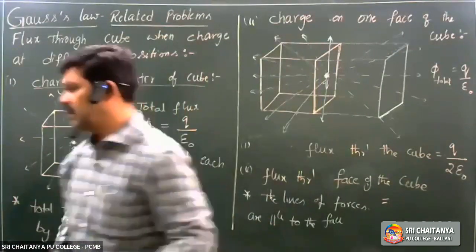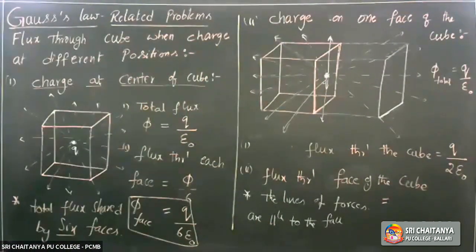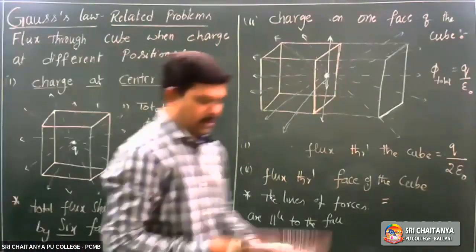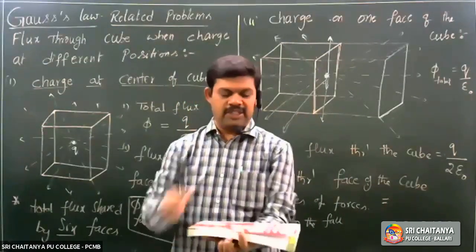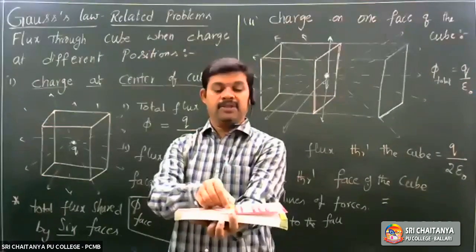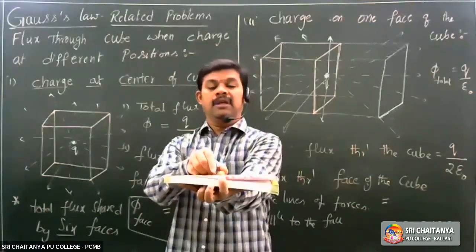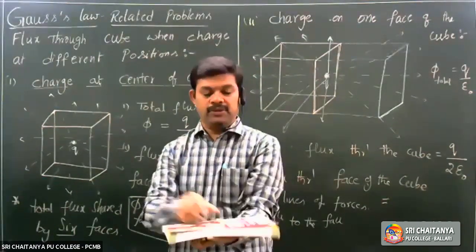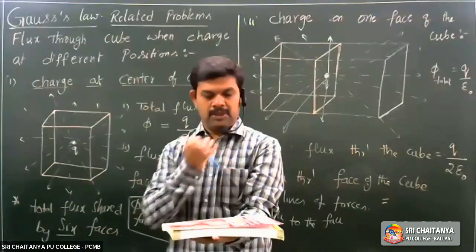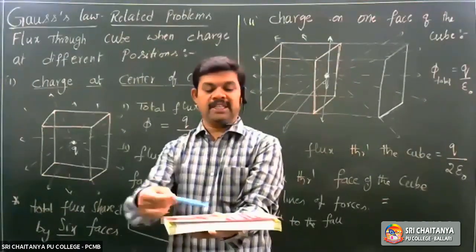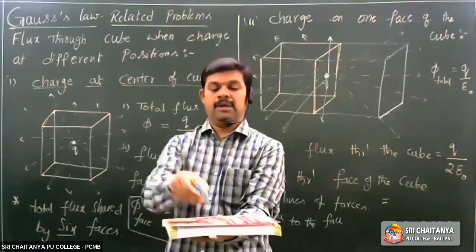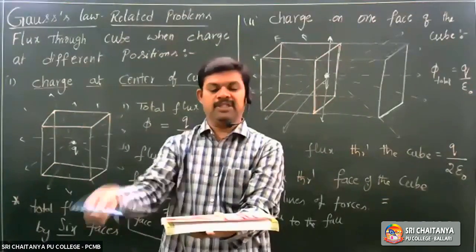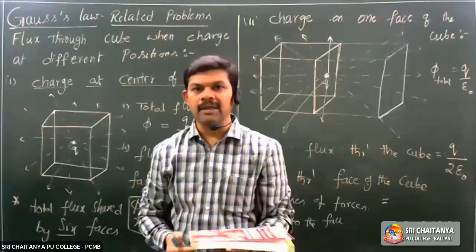For example, if this is the face and I place a charge on this and draw lines of force, those lines of force are not parallel to this, like this pen, and they are going up. For this face, they are parallel, right?